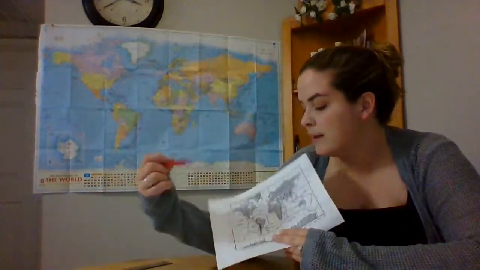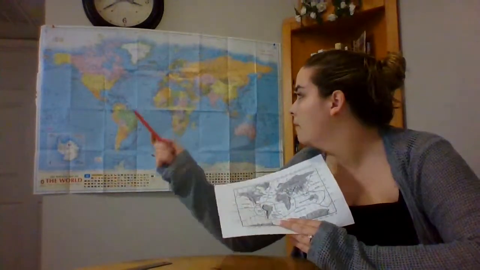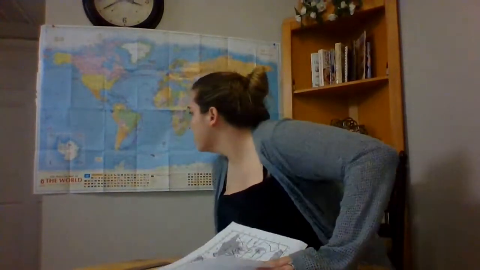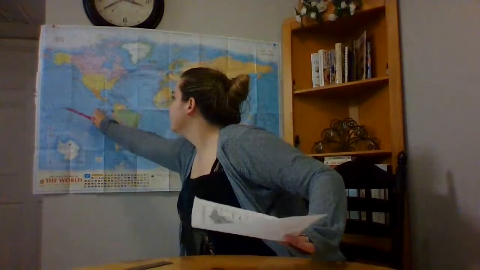Did you find any big volcanoes not near the edge of a plate? So one that they should come up with is right here in the Pacific Ocean, like right around here. Okay.